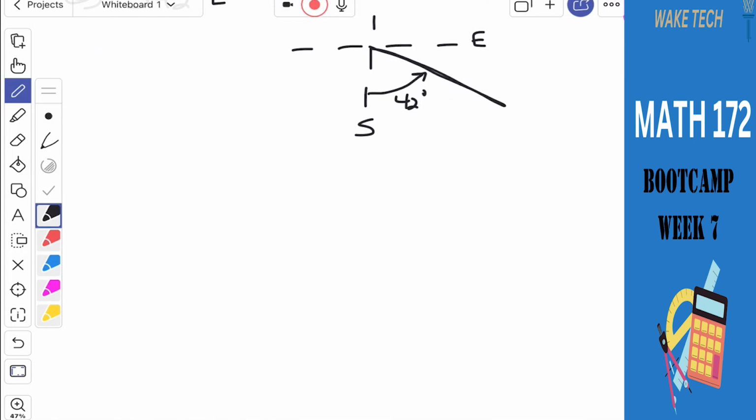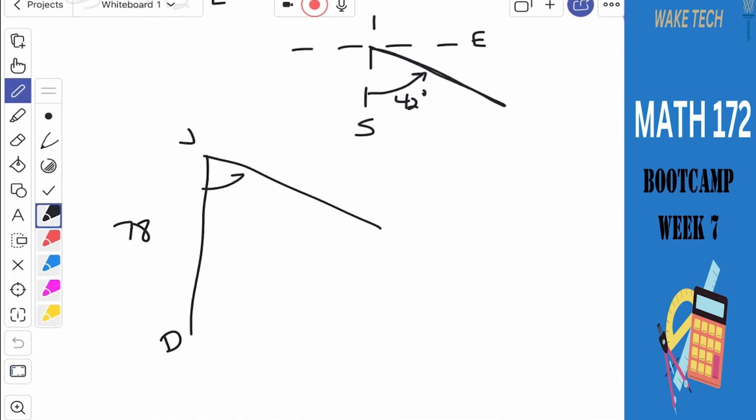So what's going on is that we've got these two folks standing at the beach, Jordan and Dana. They are 78 feet apart. Jordan's directly north of Dana. Jordan throws the ball into the ocean. It lands south 42 degrees east of Jordan and north 37 degrees west of Dana.